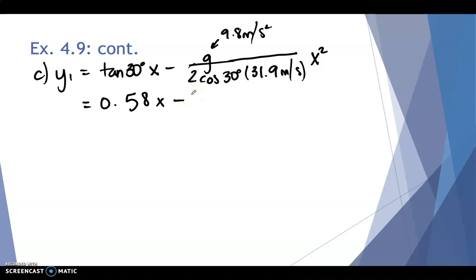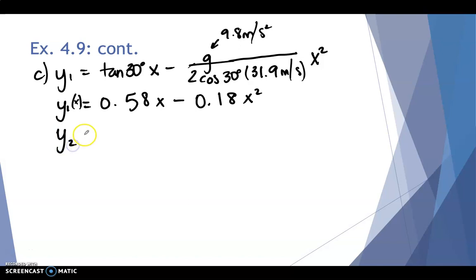X minus, we have 9.8 divided by 2 times 31.9 times cosine of 30. And so that is 0.18 x squared. So this is my y1 of x.